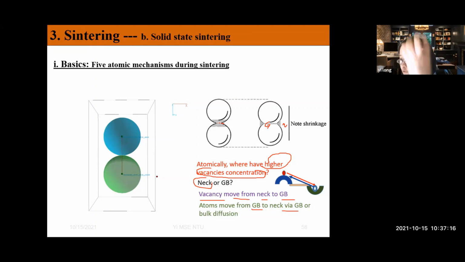That fulfills the condition, because we said in order to have route 1, you need to have a dense grain boundary first. The second is that there's an opposite flow of the atoms and the vacancies. So which means densification is going to happen, yes or no? Is densification going to happen? Can you type? Yes or no?